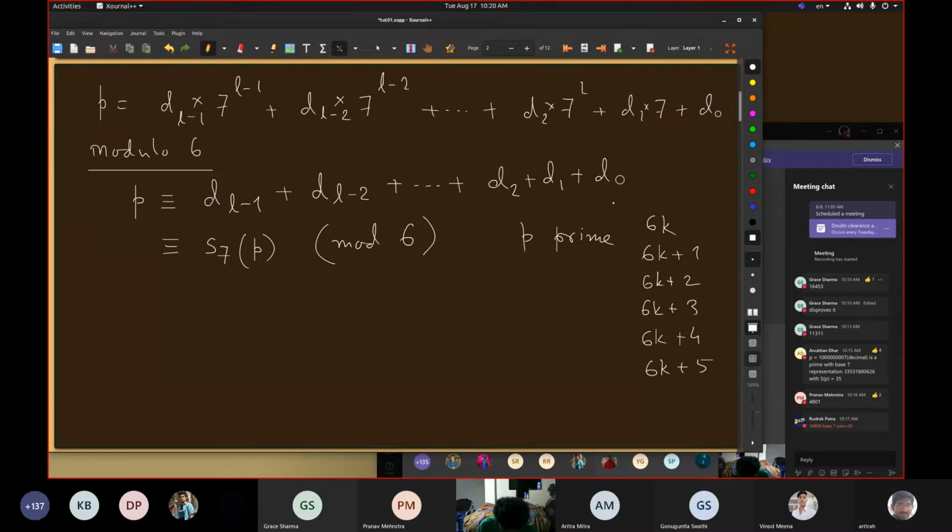Now, if I look at these, this one, this one, this one, and this one, they cannot be prime because, for example, this is divisible by 2, this by 2, this by 3, and this by 2. So if P has to be prime, it has to be of the form 6k plus 1 or 6k plus 5, or I can write 6k plus minus 1.